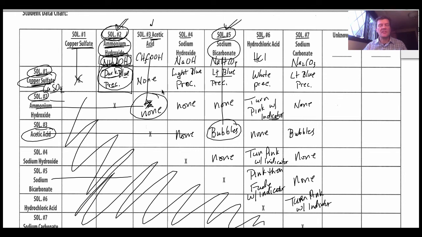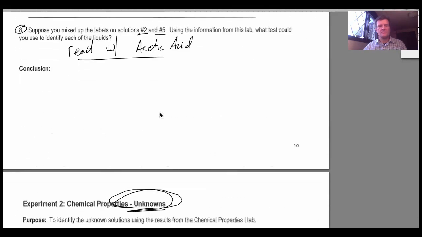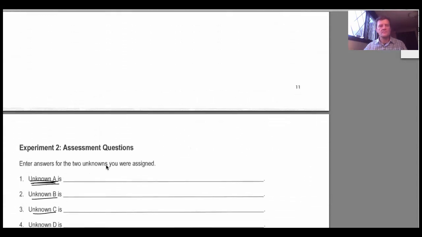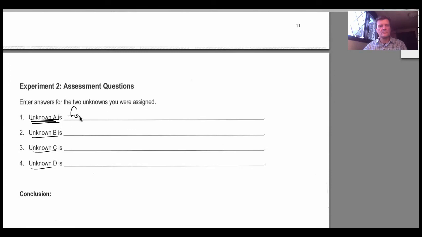It reacted with everything except for number 3. So with unknown A, I'm going to test it with copper sulfate. Okay? And for those of you that can't perform this experiment, I'm just going to tell you unknown A forms a dark blue precipitate with the copper sulfate.